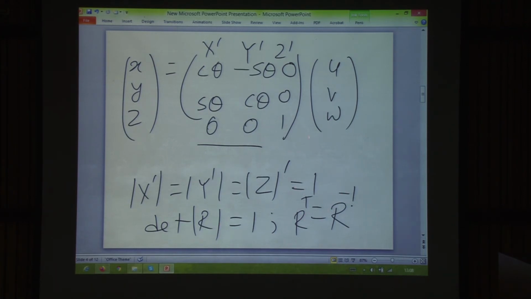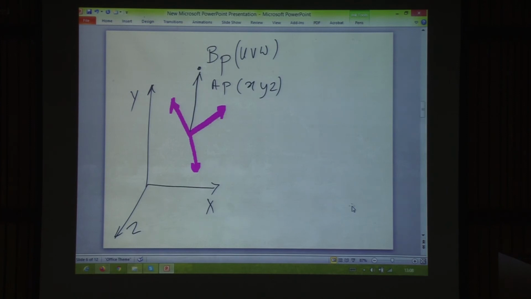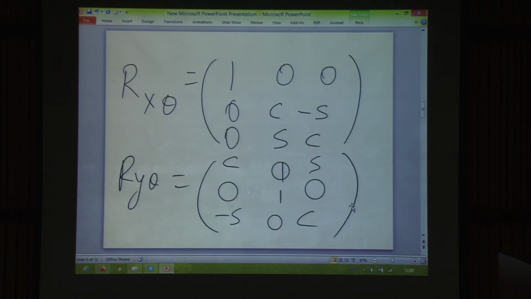So, this matrix has a lot of properties. These are all unit vectors, the determinant is equal to 1, because of which the inverse is equal to the transpose, and this is called a proper orthonormal matrix. Similarly, this is also proper orthonormal, and these are all unit vectors.